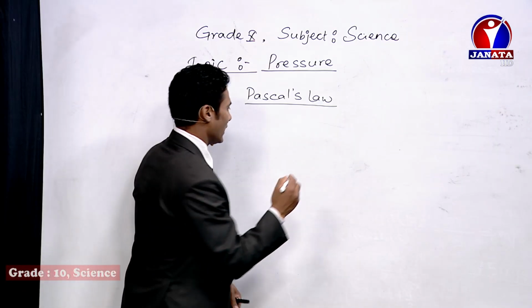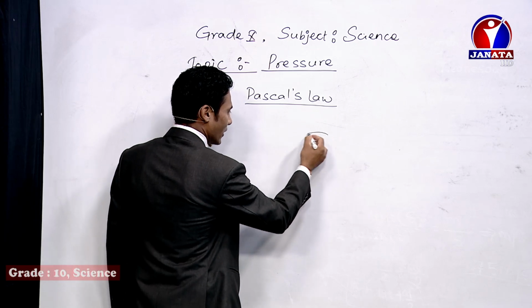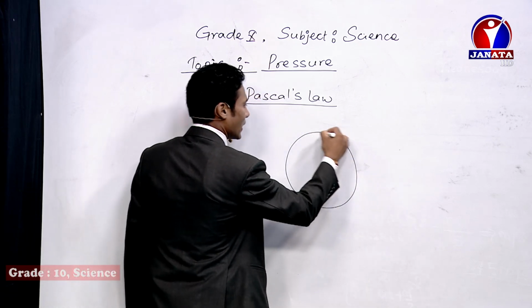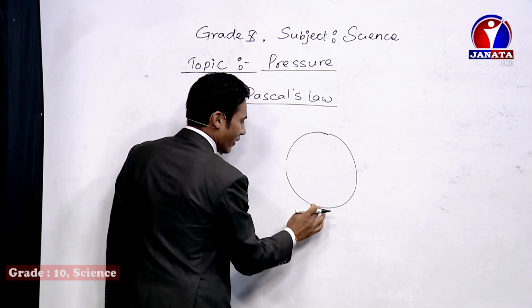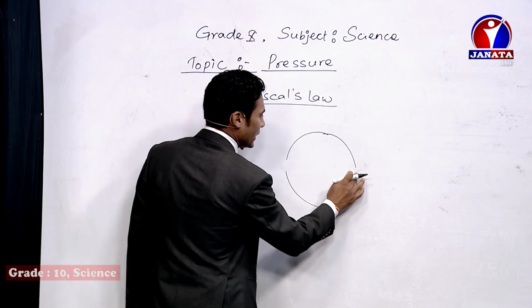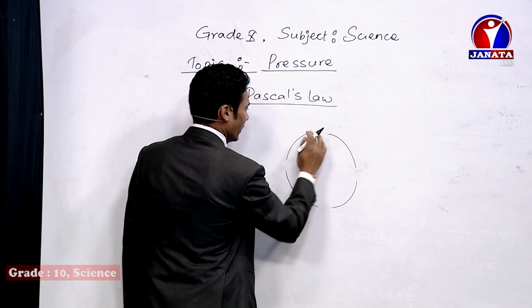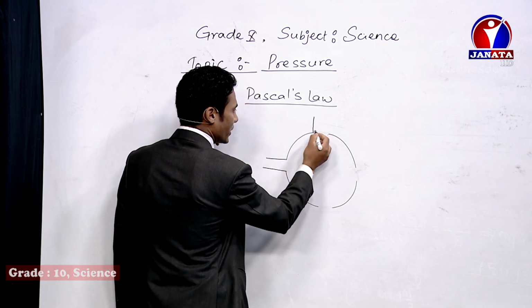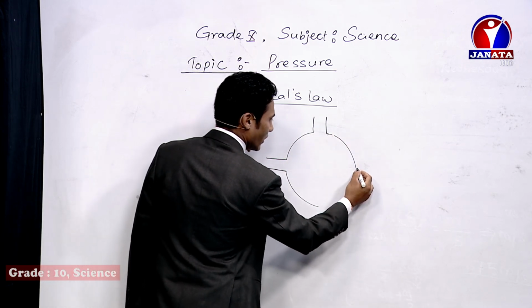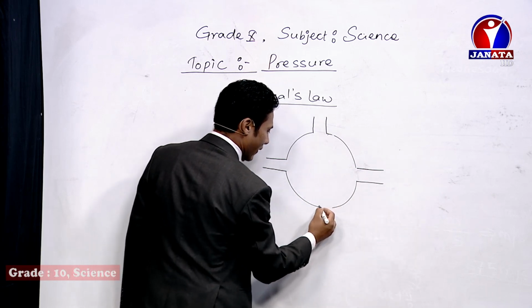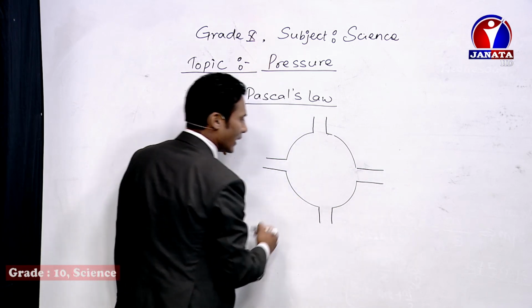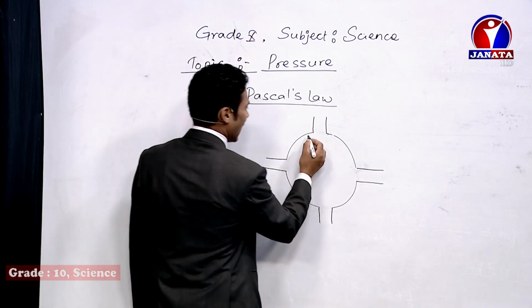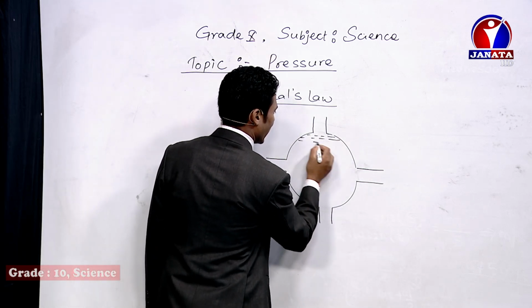For this, I will take one closed vessel. Let us say this is a closed vessel which contains four pistons: piston 1, 2, 3 and 4. It is an enclosed vessel, and I have filled water inside it.